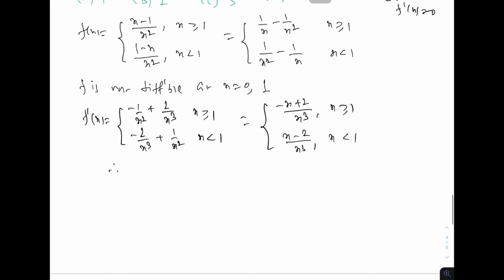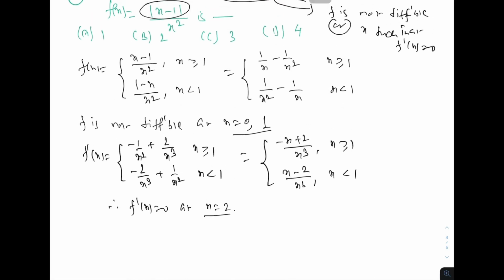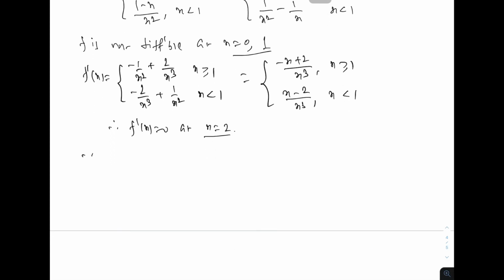That means f dash x equals 0 at x equal to 2. So we have a total of 2 points where the function is not differentiable, and at 1 point its first derivative is 0. Therefore there are a total of 3 critical points.